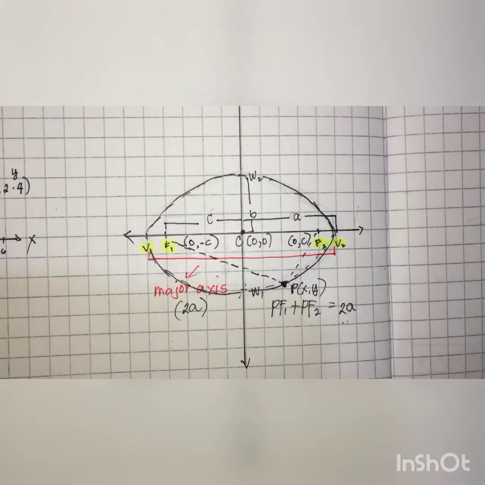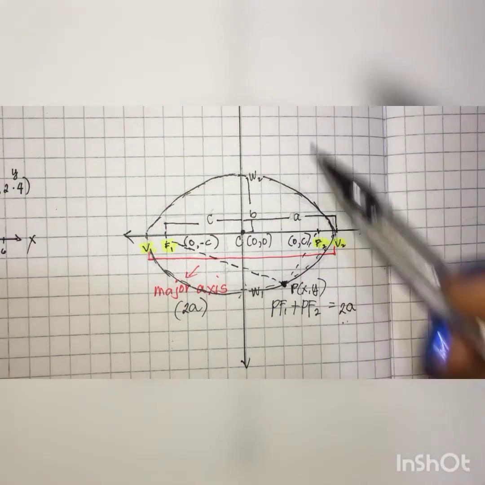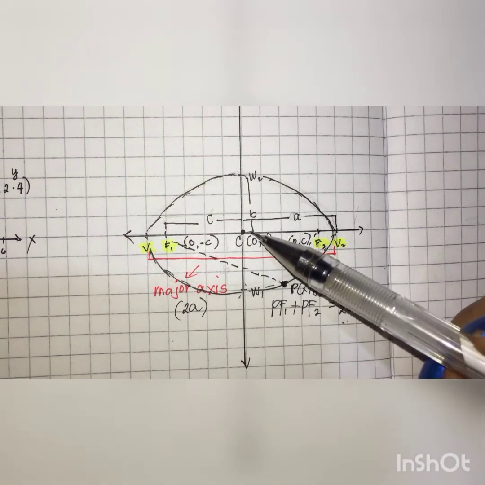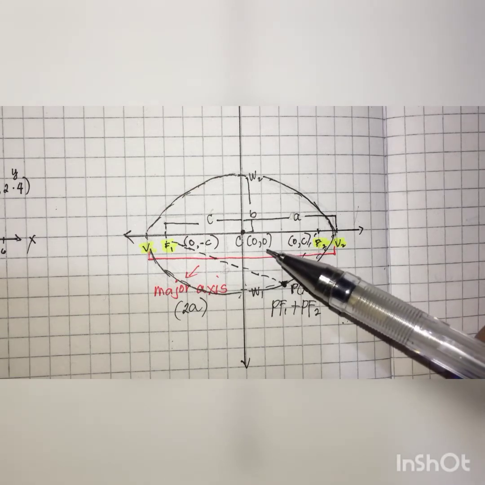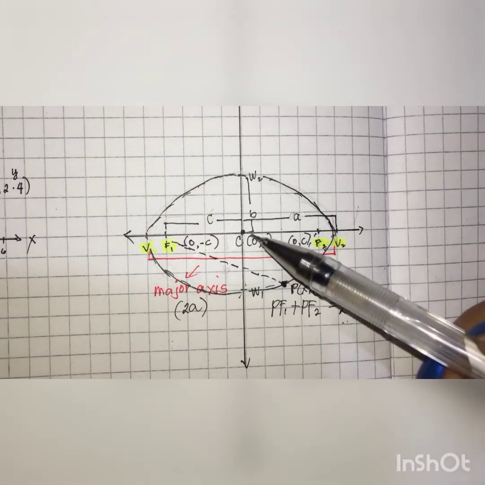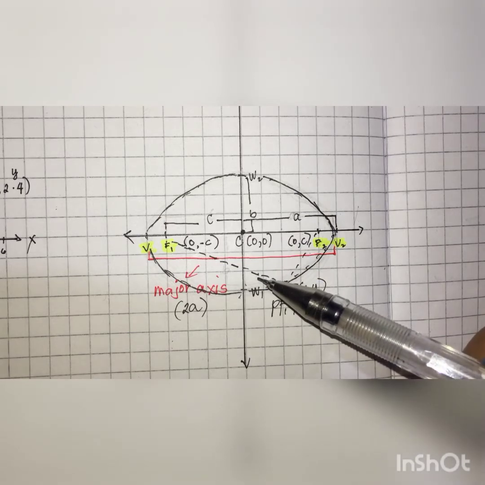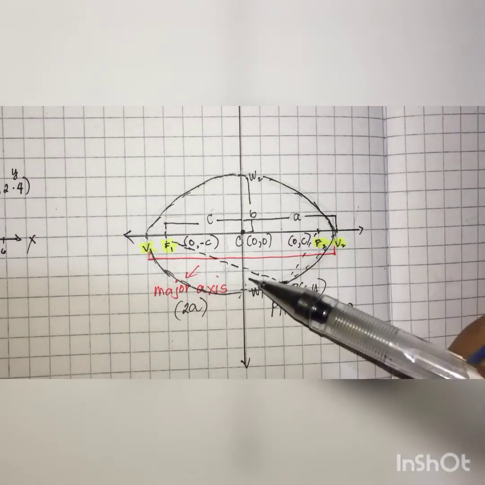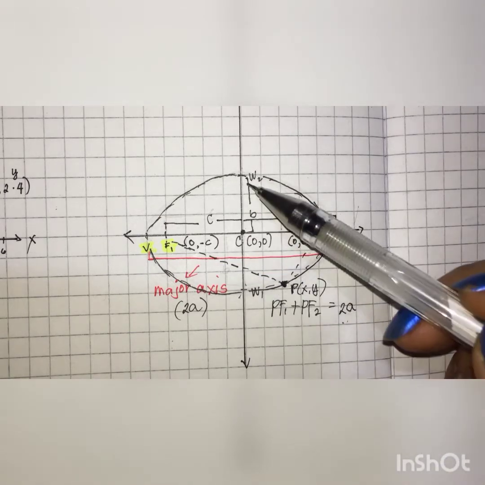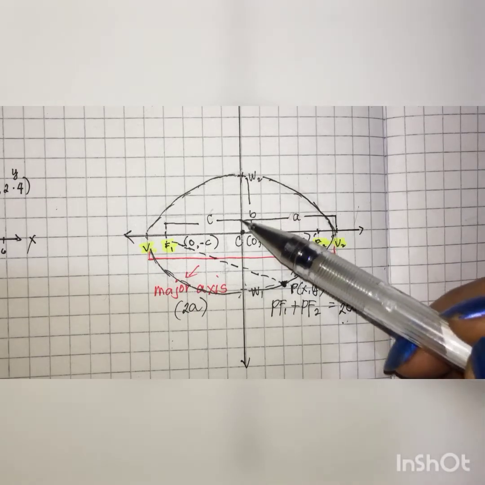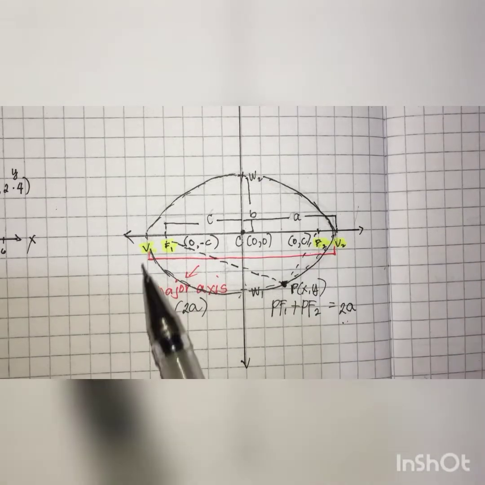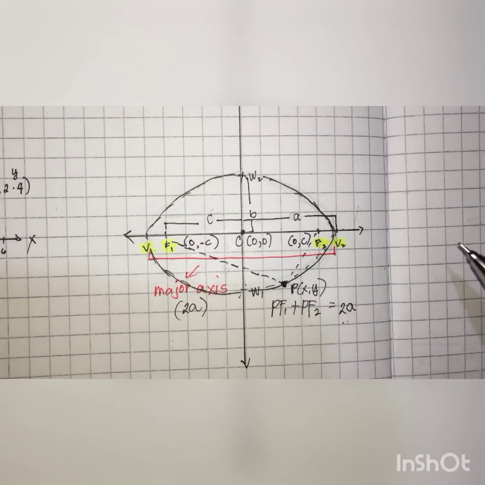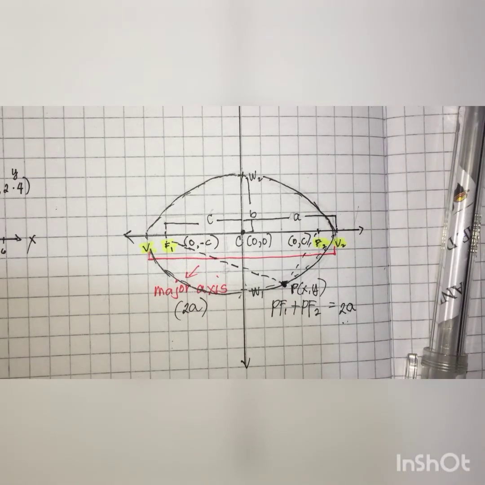For the letter B, we have what we call the co-vertices. The segment through the center perpendicular to the major axis, as you can see here, it is perpendicular to the major axis, is called the minor axis.